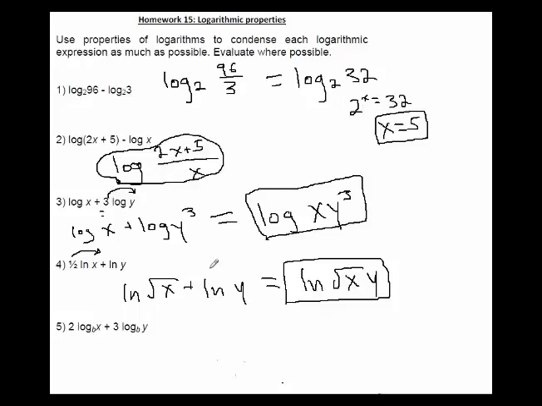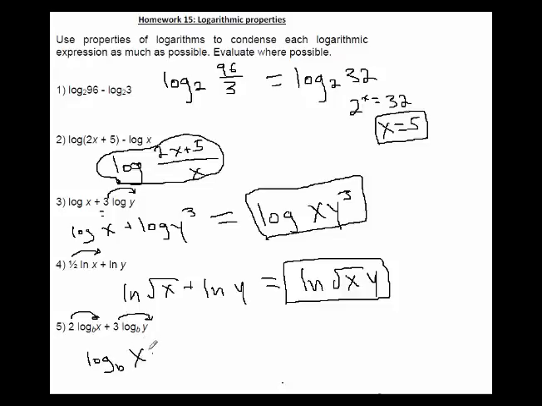And the next one is really the same idea. Again, we can multiply. This time we have 2 times a log and 3 times a log, so we can put the 2 over here as an exponent, and the 3 over here, which means log base b. Again, they're both base b in this case. If they're different bases, you can't combine them at all.